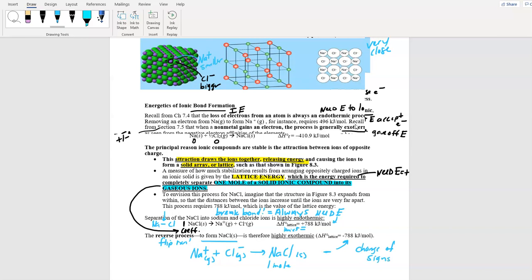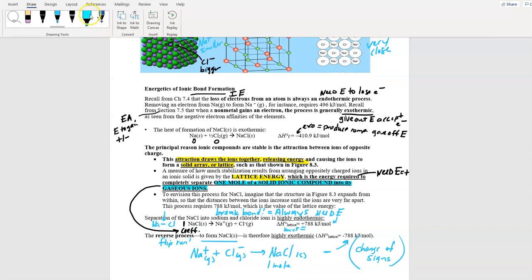Ladies and gentlemen, the point is, let's not memorize numbers, but let's understand that if you form a compound or if you break a compound, do you need energy or are you releasing energy? So anytime, big, bold, please. Anytime you break a bond, you always need energy. It will always be endothermic.